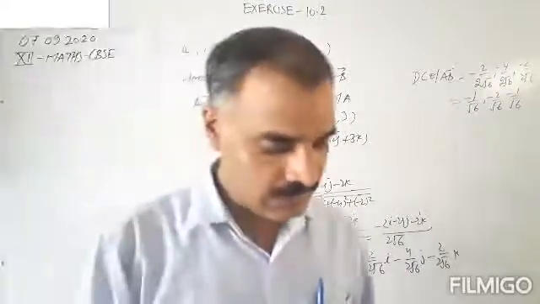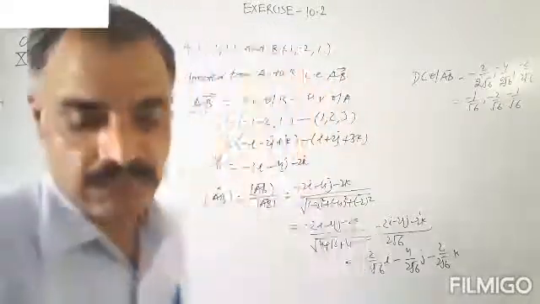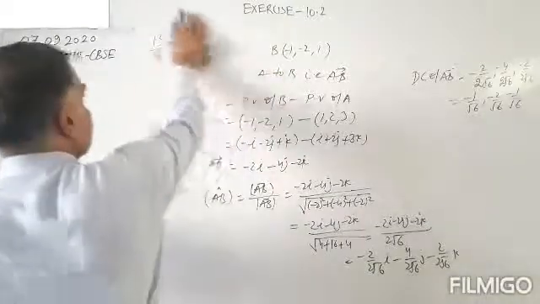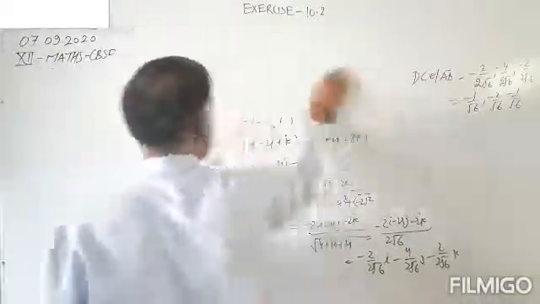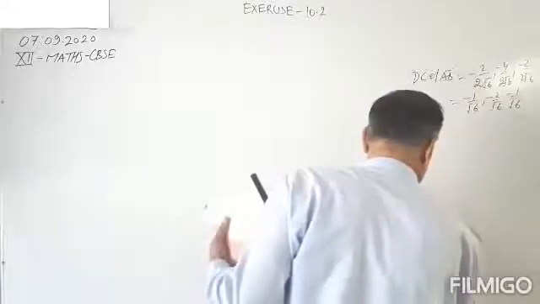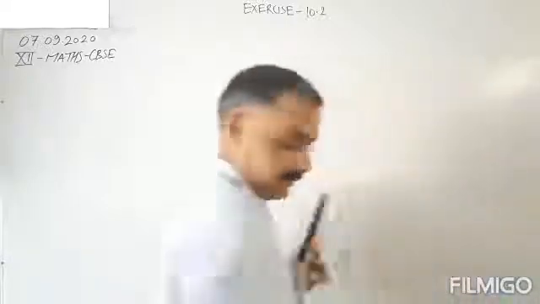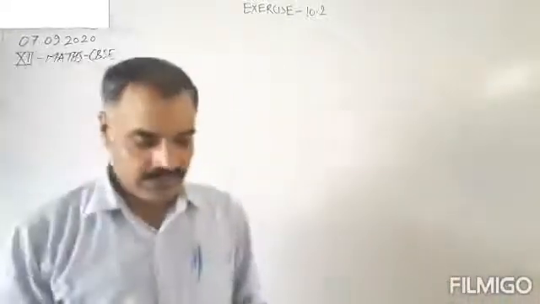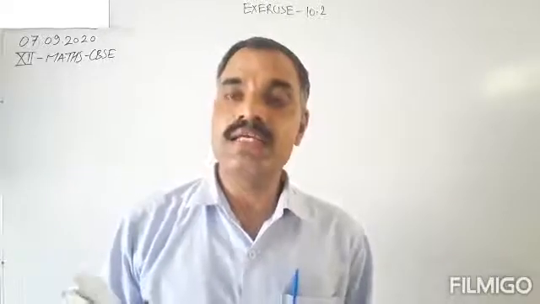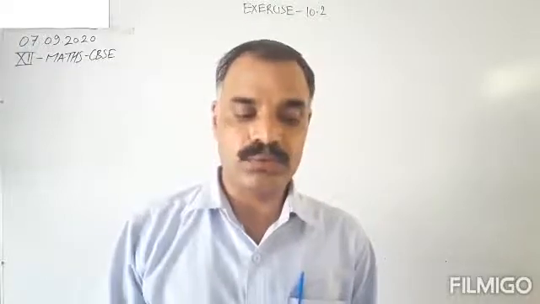Now let us take question number 14. Question number 14 is also an important question, so let us have the solution of question number 14. Show that the vector i cap plus j cap plus k cap is equally inclined to the axes OX, OY and OZ.